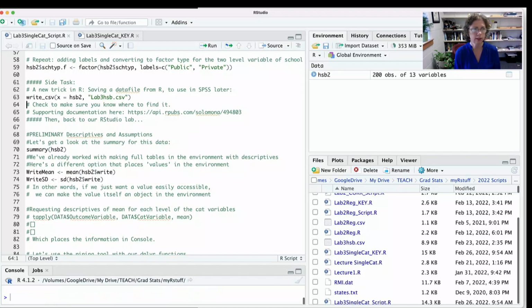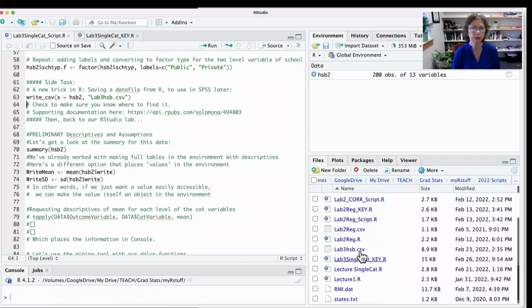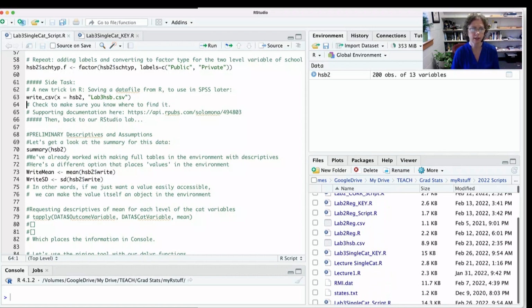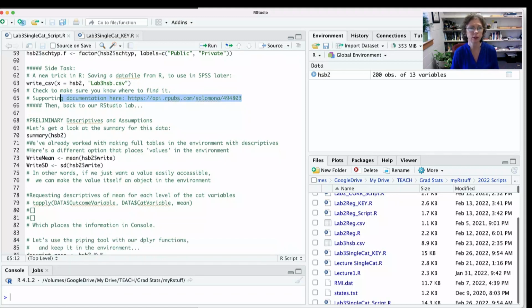When I run this, it's going to be in my files, the same working directory that you already have set in RStudio. If you'd like more information on converting files out of RStudio into another format, check out the documentation here. So back to our RStudio Lab.